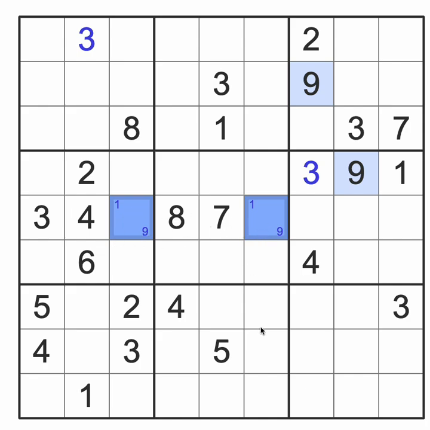of 1 and 9. And that means these 3 cells have to use the numbers that are not 1, 3, 4, 7, 8, 9. In this case, they are 2, 5, 6.